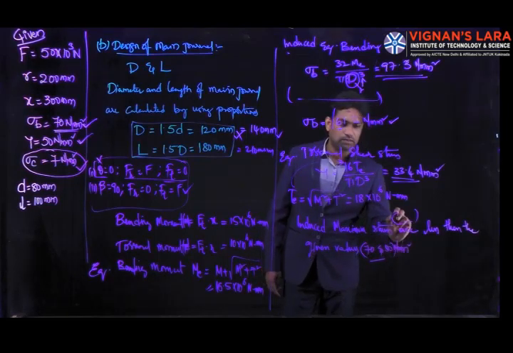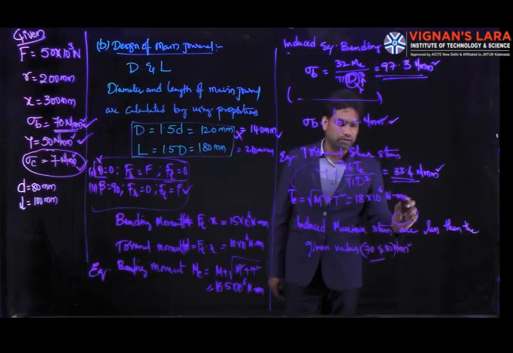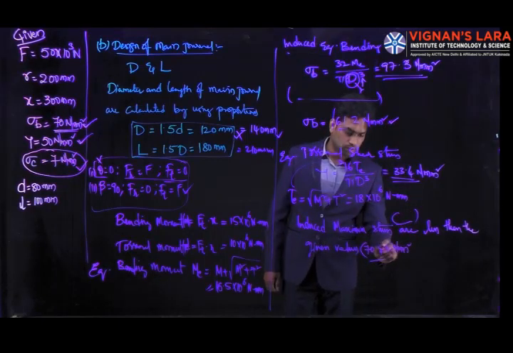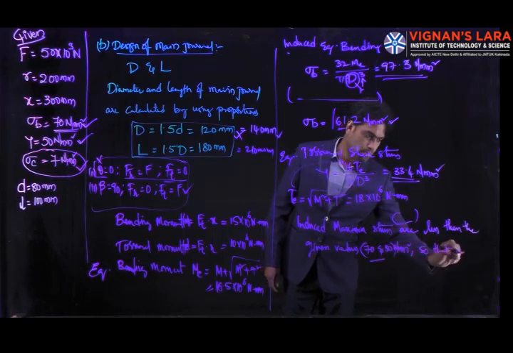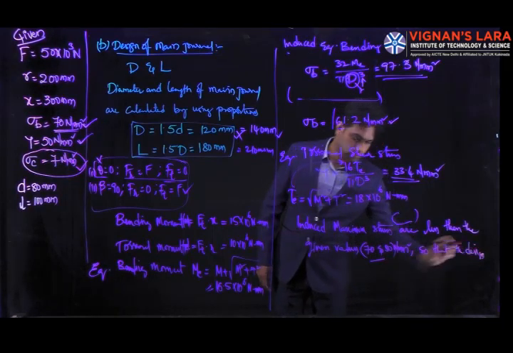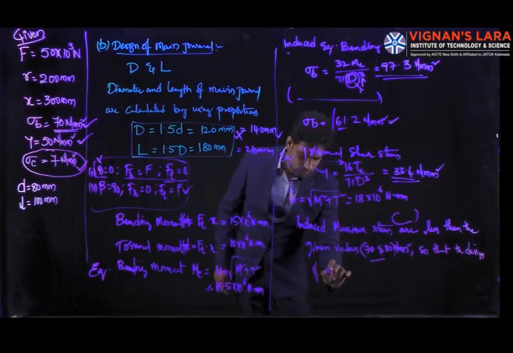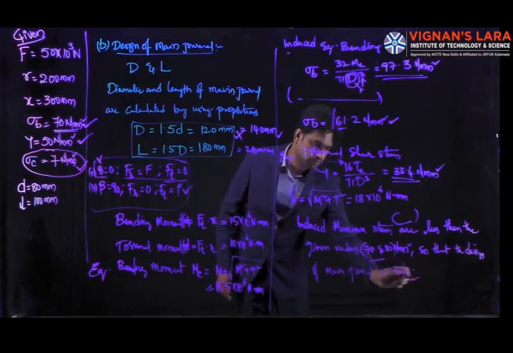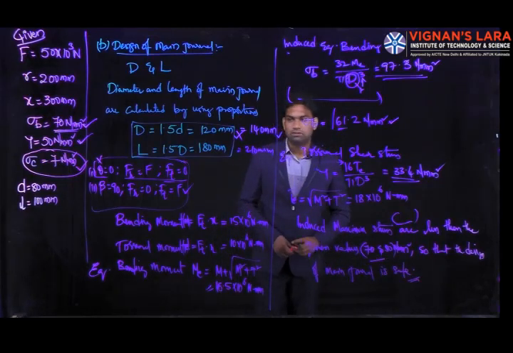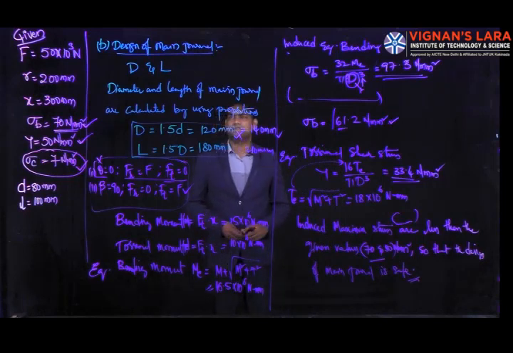Similarly, you can mention the induced values 61.2 and 33.4 Newton per mm square, so that the design of the main journal is safe. Clear? So this is how the dimensions, or the design, of the main journal is performed.